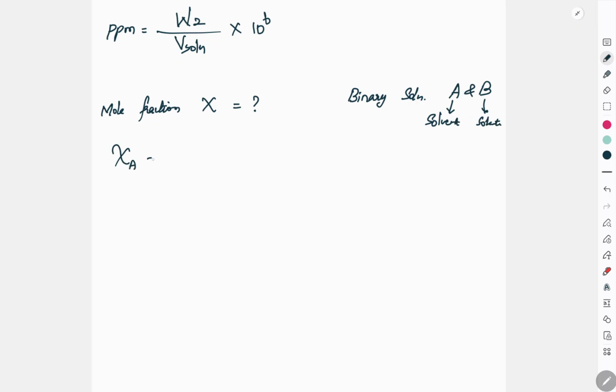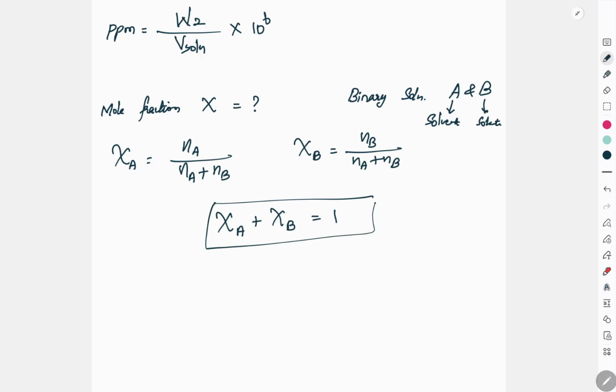Mole fraction of A is moles of A by total moles, that is the number of moles of A plus the number of moles of B. Similarly, mole fraction of B is number of moles of B by number of moles of A plus number of moles of B in total. Since it is a binary substance, if you add the mole fractions of the two components, it will be equal to 1.